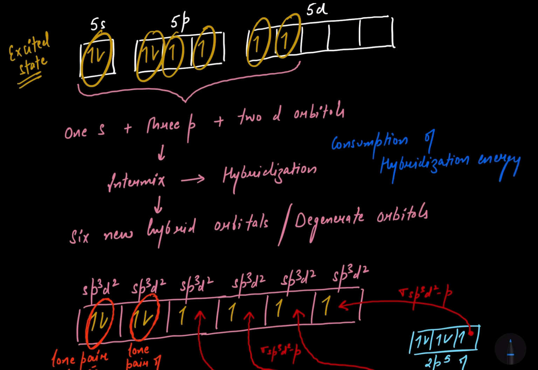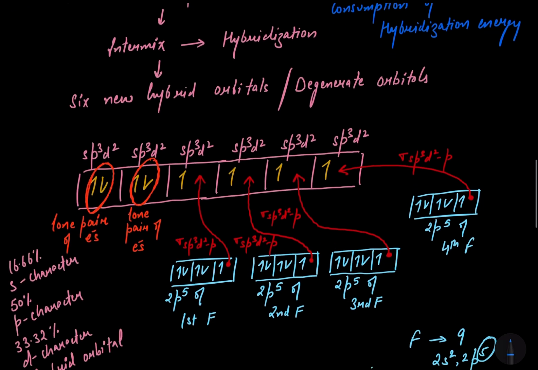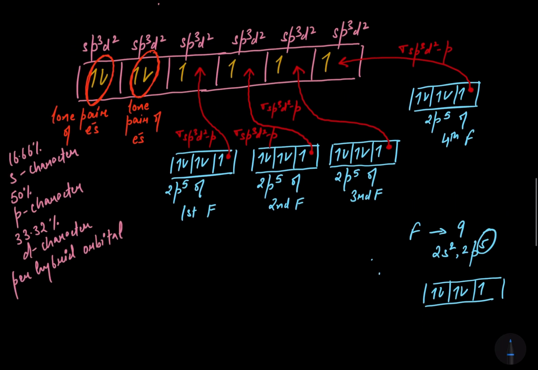Now, after that, we have one exothermic process, and that exothermic process is the formation of 4 new sigma bonds between xenon and the 4 fluorine atoms.